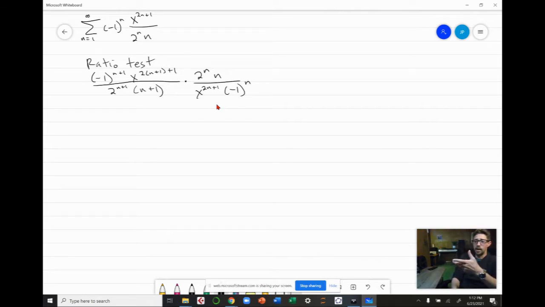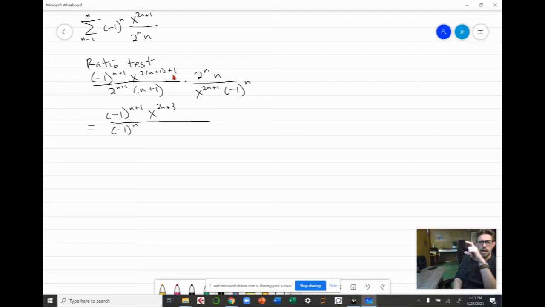Okay, so now I like to group all the like stuff with the like stuff. So we have a (-1)^(n+1) up top, and we have a (-1)^n in the denominator. Then we've got an x to the, okay, quick little bit of algebra, 2n plus 2 plus 1 is 2n plus 3.